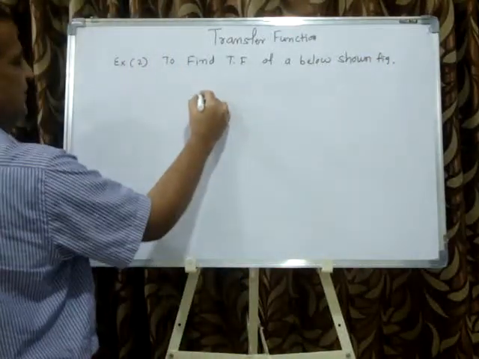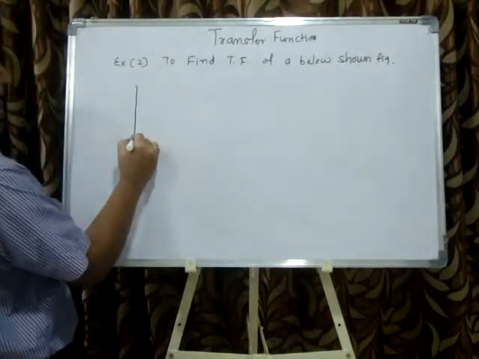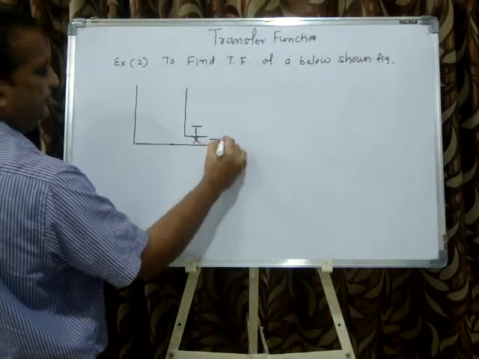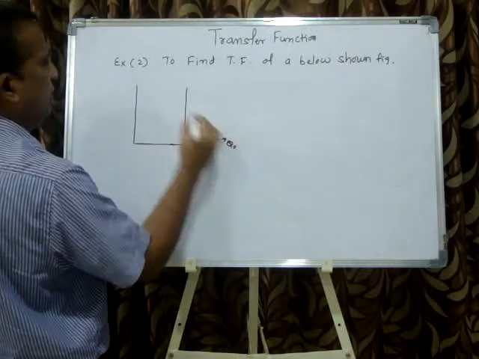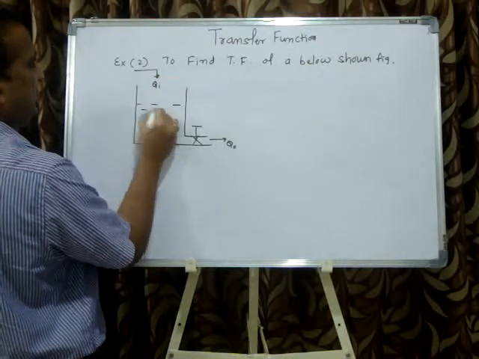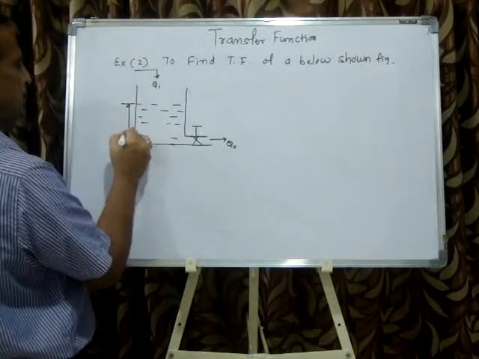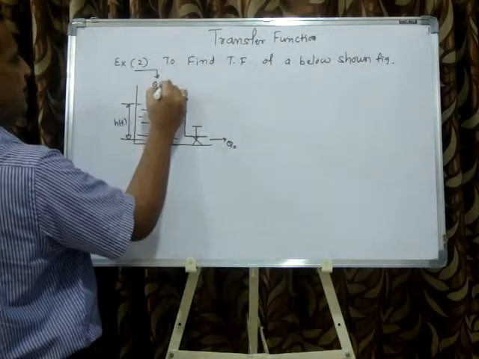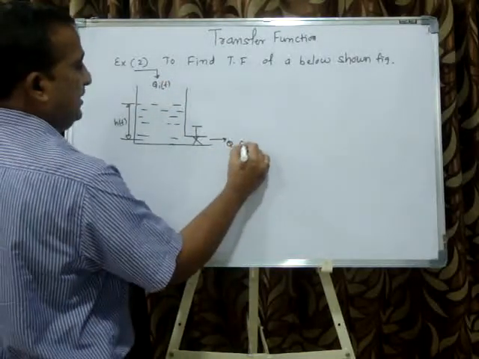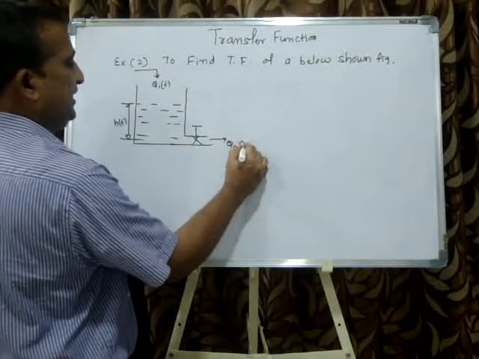In the figure he has given, there is a tank, and here there is a valve. Here the output discharge is Q0, the input discharge is Qi, and the head of the liquid is H of T, because I can vary the input, and the output is Q0 of T, the variation in the discharge.